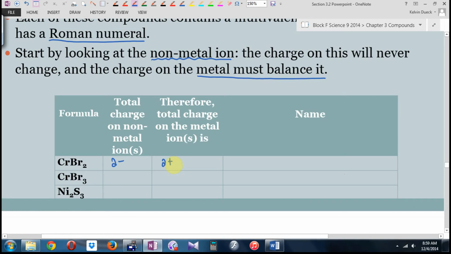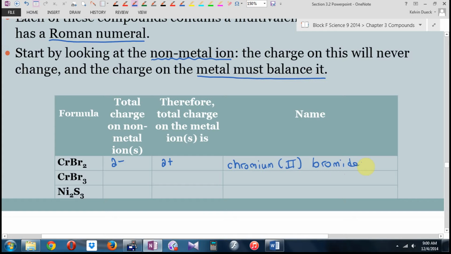Right? So it must be chromium 2 bromide. That's the only way that that could be stable with those numbers.